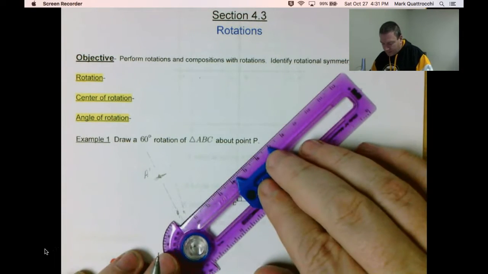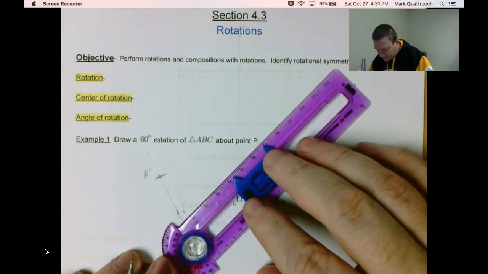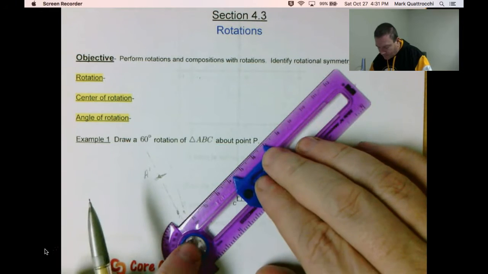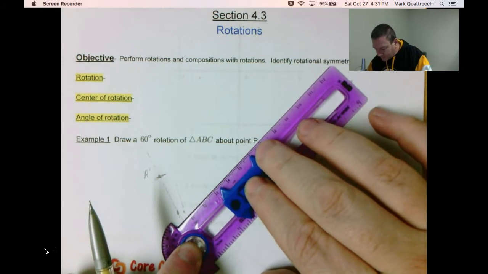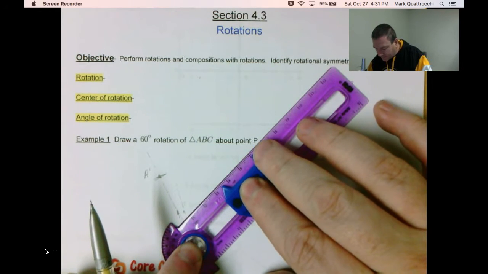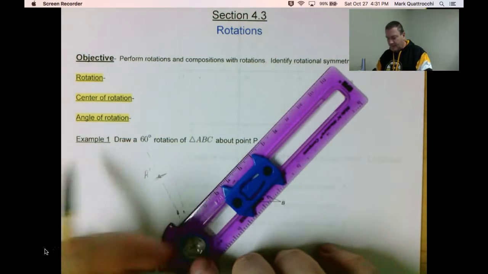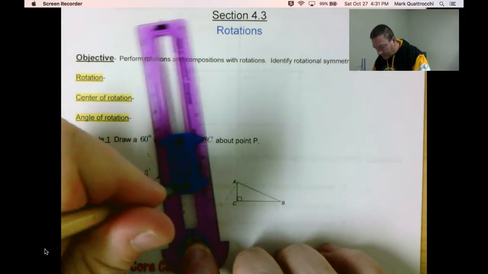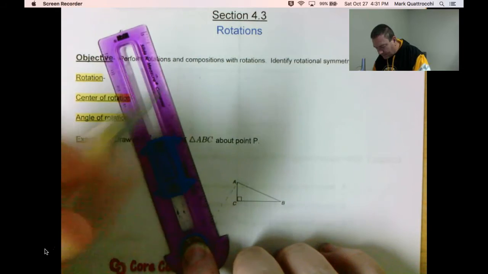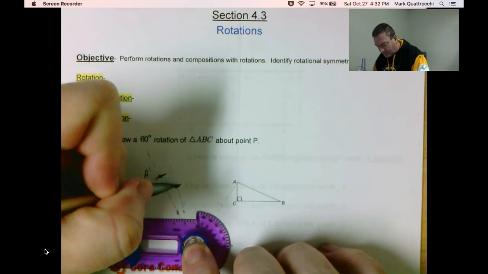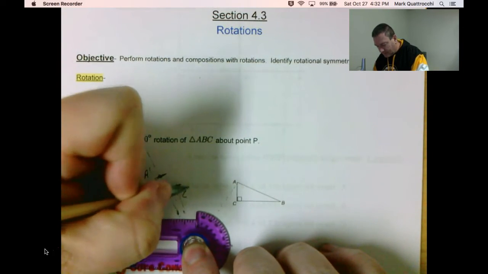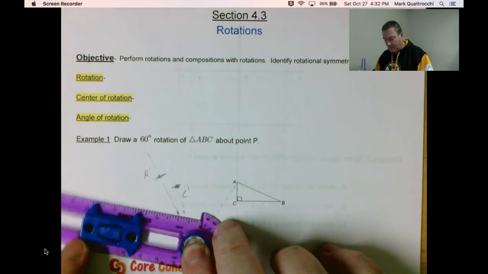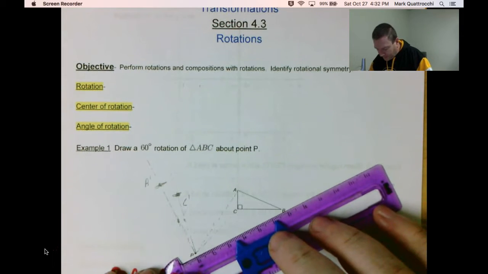And set my radius to a length equal to where C is. And intersect. There is C prime. One more time for B.